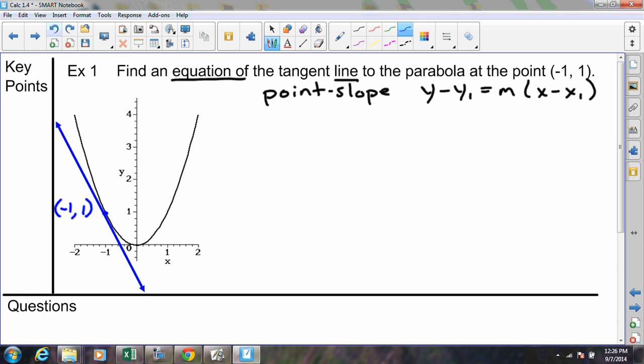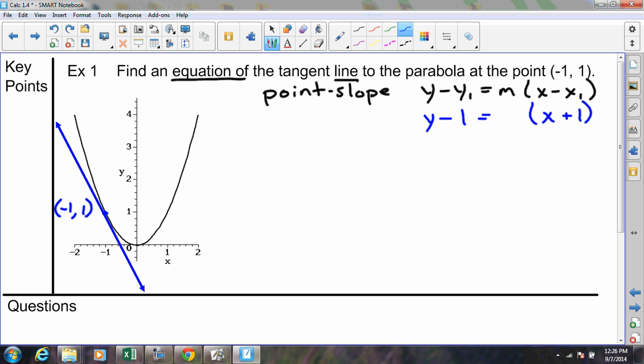And so we could take this point and plug it into the point-slope form we have written in the black to get y minus 1. I started writing +1, so please let me fix that. Y minus 1 equals the slope times x plus 1. Because, of course, subtracting a negative is adding a positive. And the only thing that we have left to do is to figure out what is the slope of that line.